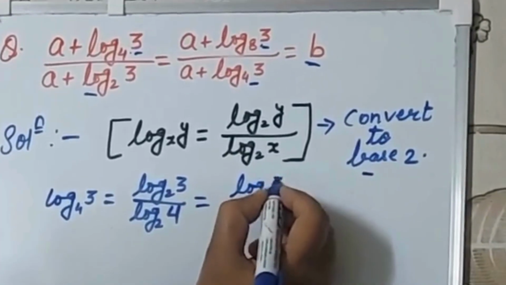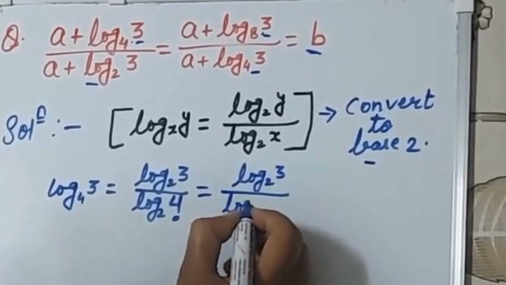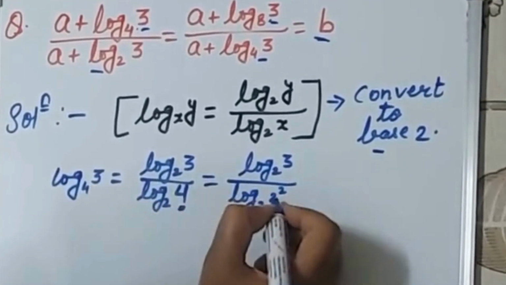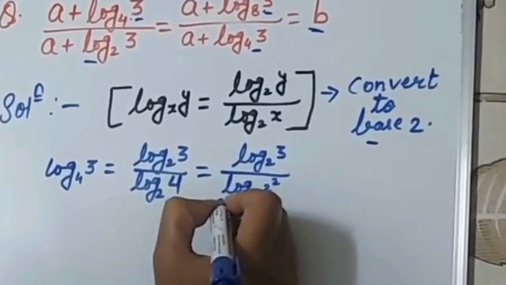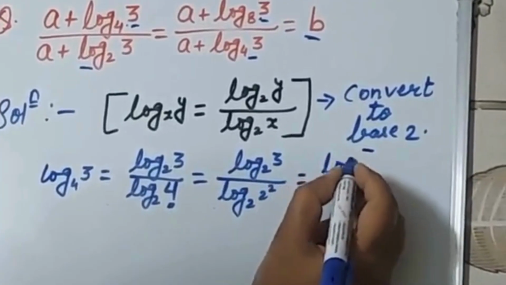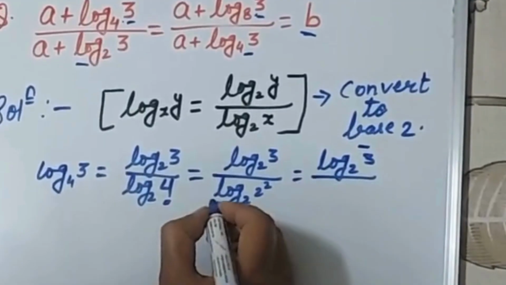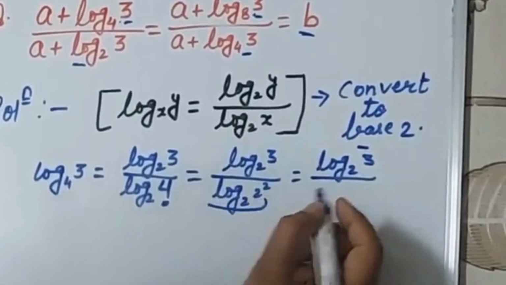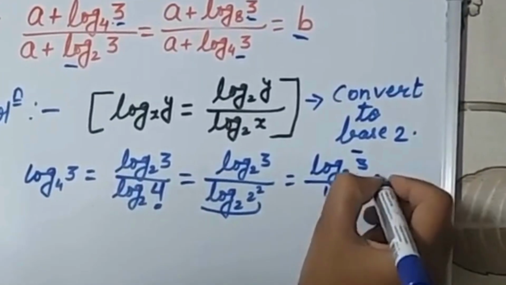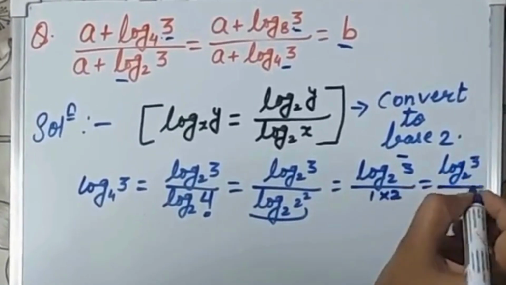Log base 2 of 3 will be as it is, and this part we can write as log base 2 of 2 to the power 2, because 4 we can write as 2 squared. So log base 2 of 2 will become 1. This will be as it is, and this whole part will become 1 into 2, that we can write as 2. So log base 4 of 3 is log base 2 of 3 by 2.